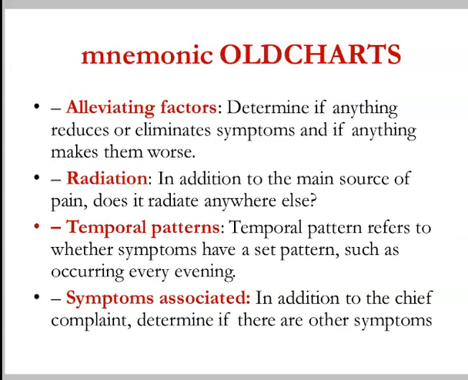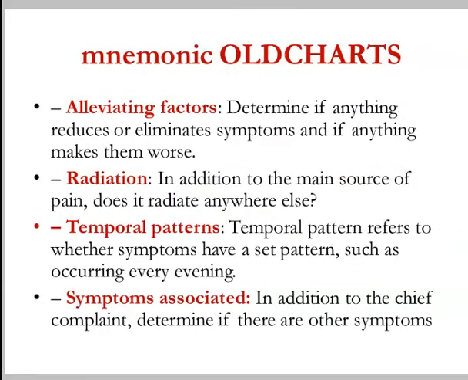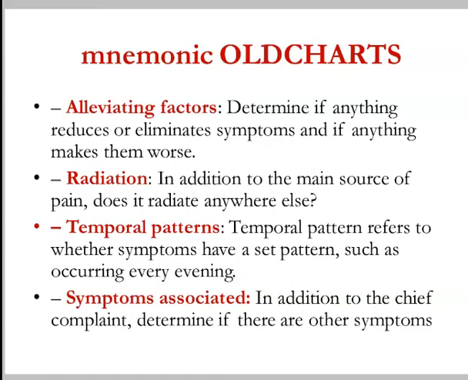Okay, so O is for the onset of pain, L for location of the pain, D, not exactly pain, symptoms, duration of the symptoms, and C, you can see the character of pain, and A, that is the alleviating factors, radiation, temporal patterns and symptoms associated. Temporal patterns mean any set pattern. For example, if it is fever, like a rise of fever in the evening, like that.